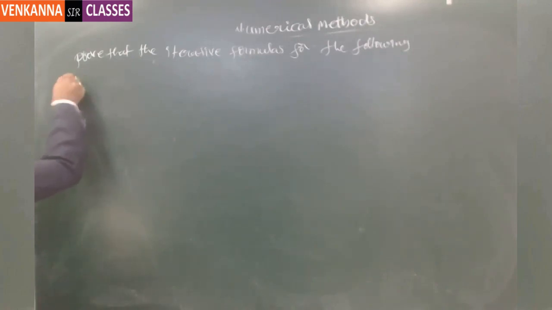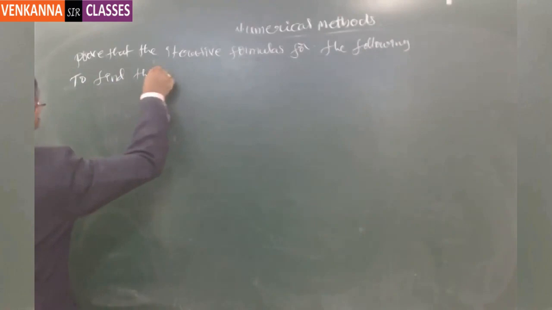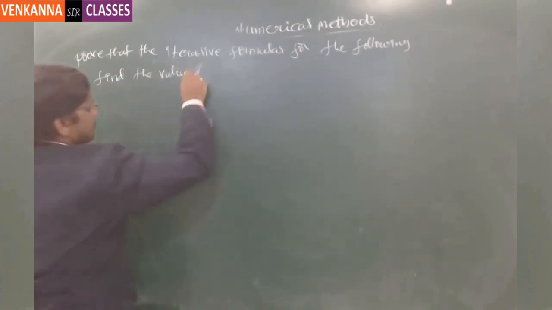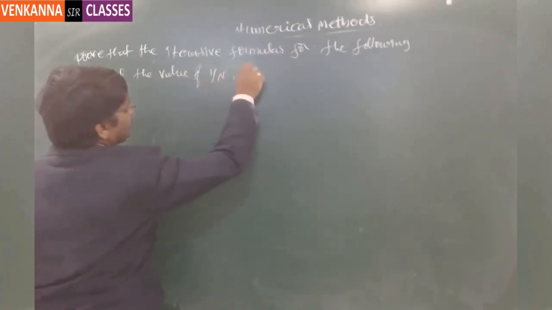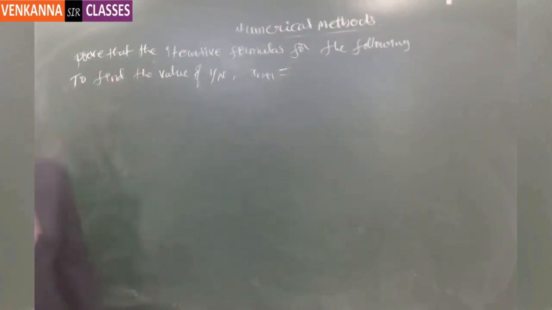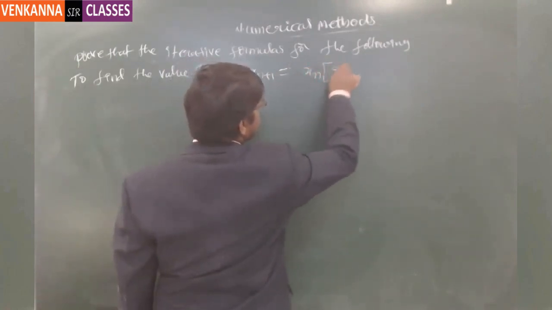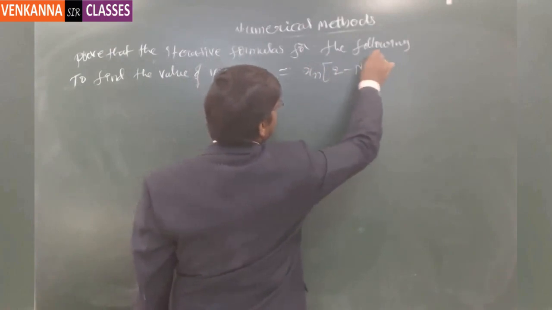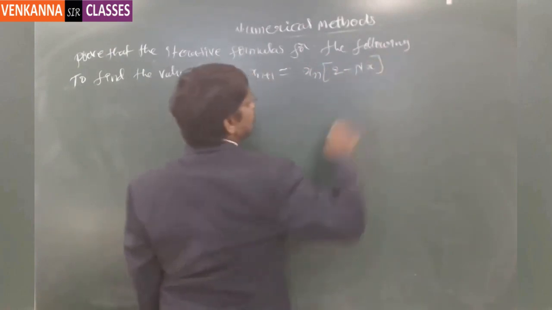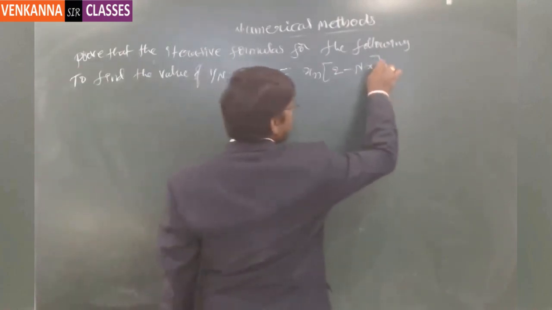To find the value of 1 by n: x(n+1) equal to xn into (2 minus n xn).